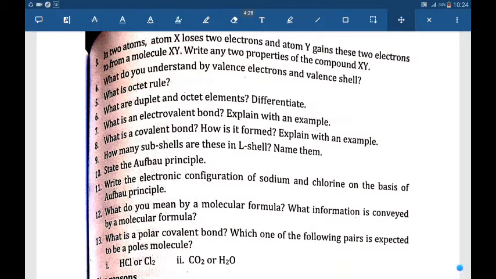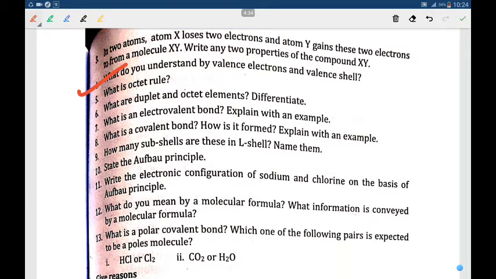Now question number 4, what does the question say? What do you understand by valence electrons and octet rule? Valence electron and valence shell. So how to define valence electron?